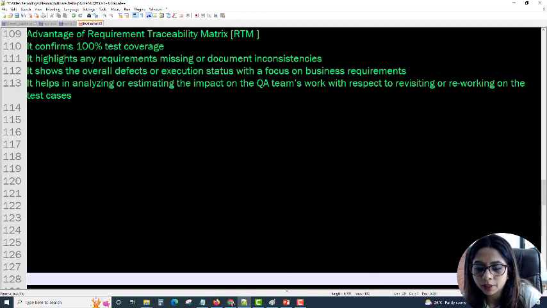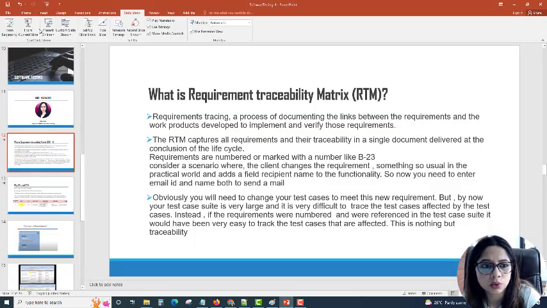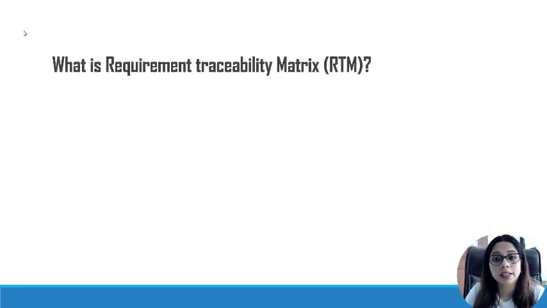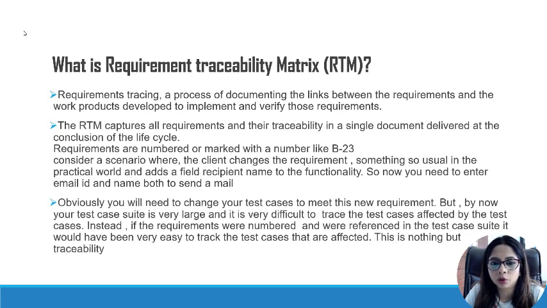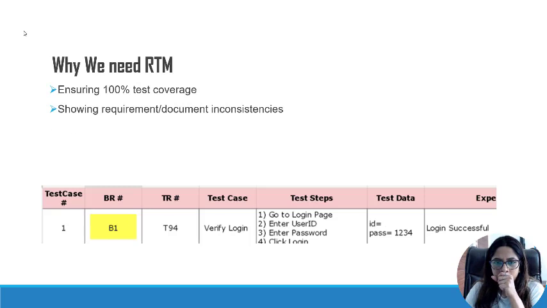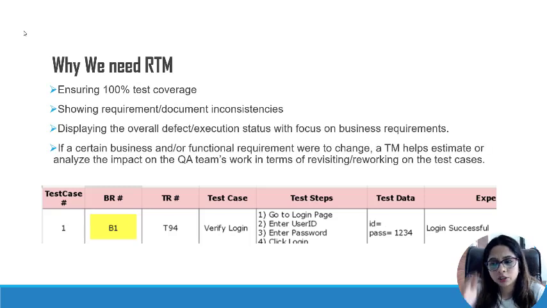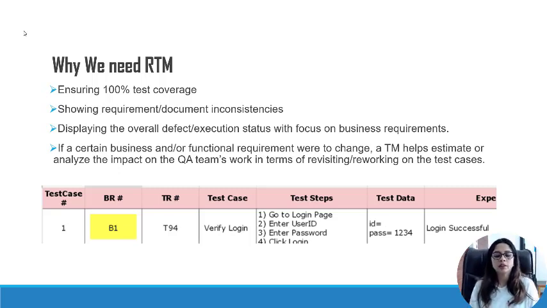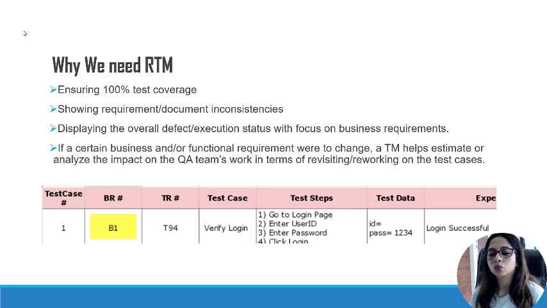So let's get back to the PPT, and we'll quickly take an example and understand RTM more. The same advantages have been mentioned here in the PPT as well. You can see this diagram. It has test case ID 1, which is related to business requirement 1, and then there is technical requirement 94.